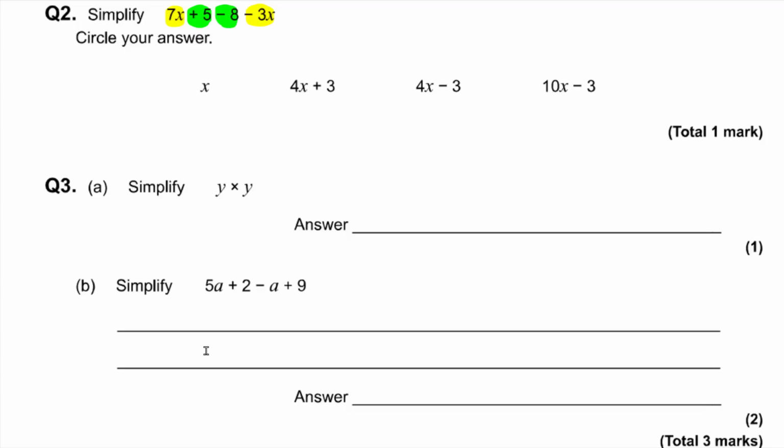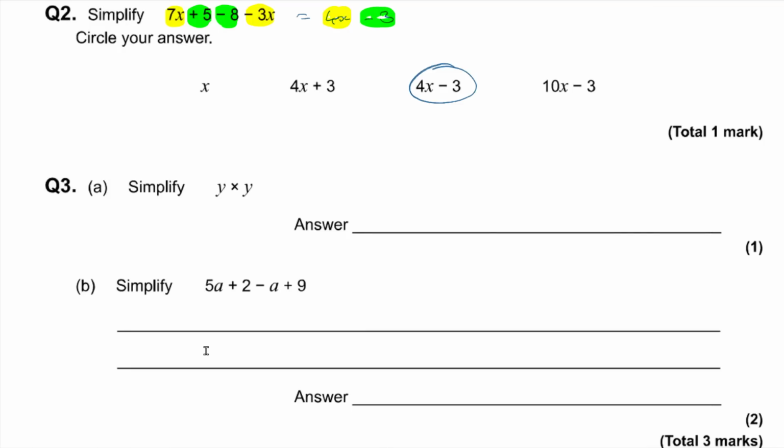And I've got two number terms, haven't I? Plus 5 and minus 8. Okay, so 7x minus 3x is 4x. And 5 take away 8, that is minus 3. Okay, so it's that one.